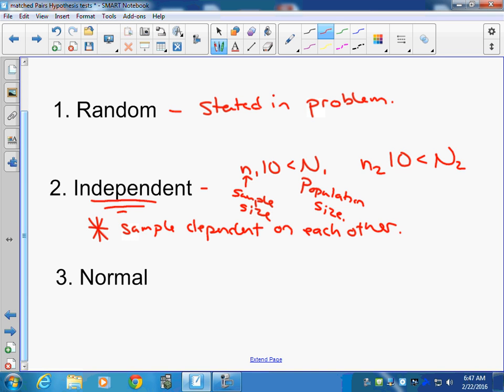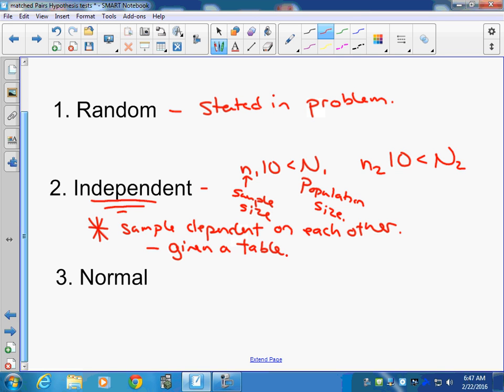Okay, in a lot of cases, it's going to be a pre-test, post-test, or testing two treatments on the same test subject. One of your tip-offs here is in almost all of these problems, you're given a table of values. So when you're given that table, you want to look at, oh, I'm given a table of information.